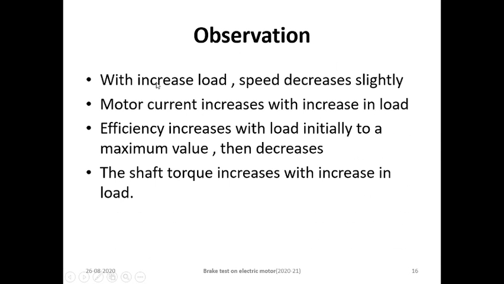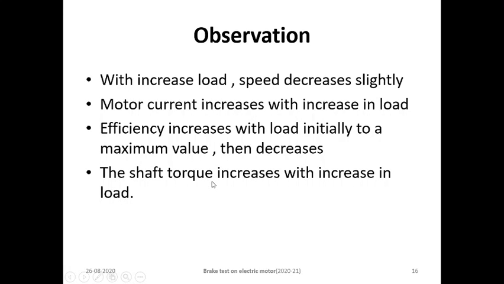As I said before, with the tabulation, we can conclude that the increase in load increases the motor current, and the speed decreases slightly because of the load which we are giving to the motor. The efficiency increases with load initially to a maximum value and then decreases because of the losses.